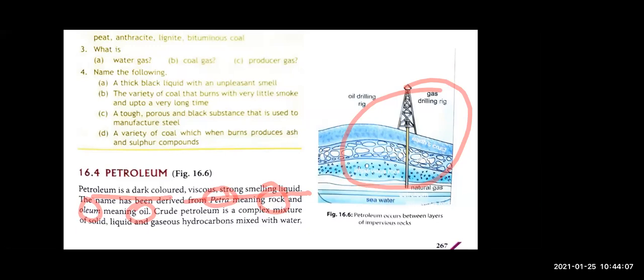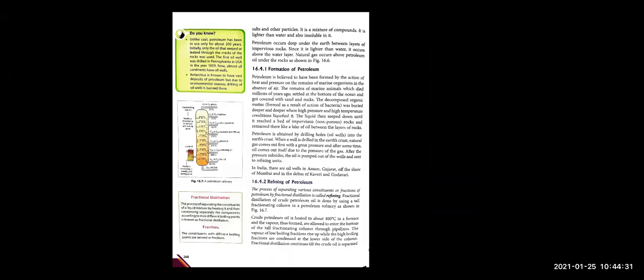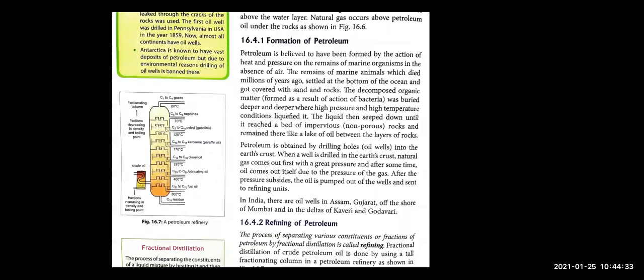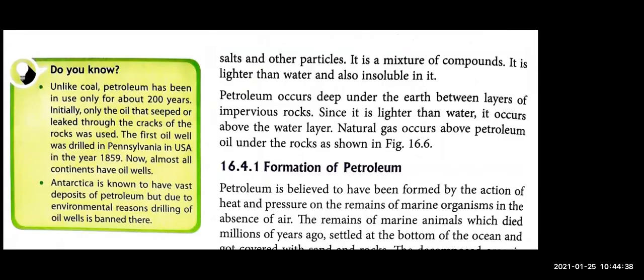That is raw petroleum. That is a complex mixture of solid, liquid, and gaseous hydrocarbons mixed with water. Right, children? So this is petroleum. Word petra means rock and oleum means oil. In petroleum there are solid, liquid and gaseous hydrocarbons, and there is a lot of water, plus there are many other salts and other particles too.